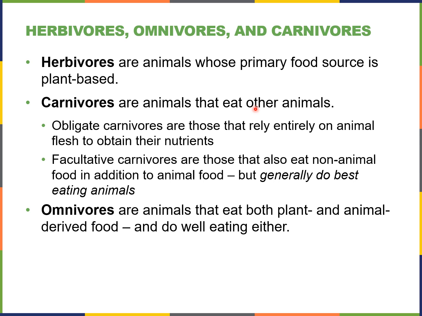So herbivores are the animals whose primary food source is plant-based. Carnivores, we probably know even better, are animals that eat other animals. And we have obligate or facultative carnivores in the animal kingdom. And then we have omnivores, which is what humans are considered for the most part. If you're an omnivore, you eat both plant and animal-derived food and do well eating either one.